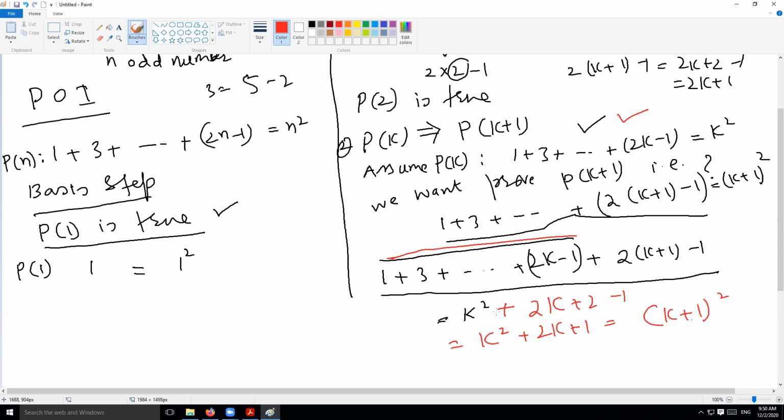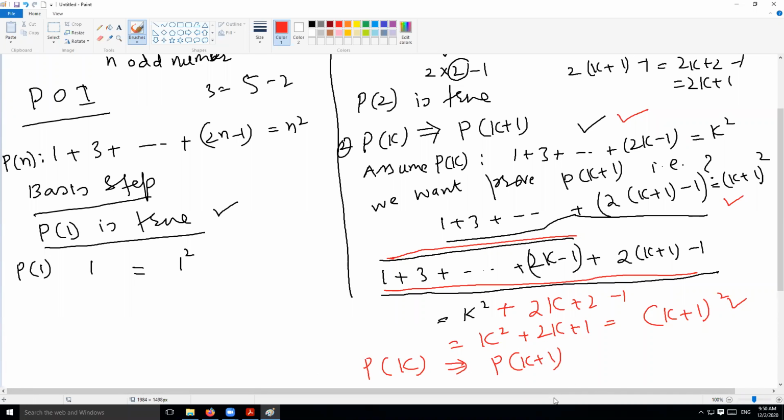So what did I show? That if I take this side and compute the sum of it, it turns out to be (k plus 1) square. In other words, this is your required identity. Hence, this shows that if we assume P of k, this is going to imply P of k plus 1.